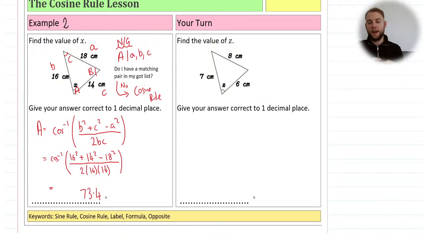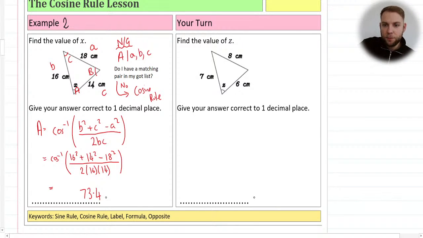All right, let's have a little go at it together then. It's the same as always. Label what I want as A first of all. So it's this angle at the bottom, isn't it? So this is A, which means that this is little a. I'll call this one here B, which means this one here is little b. It doesn't matter which way around you do these, but this one here is little c. That should be capital C, shouldn't it?